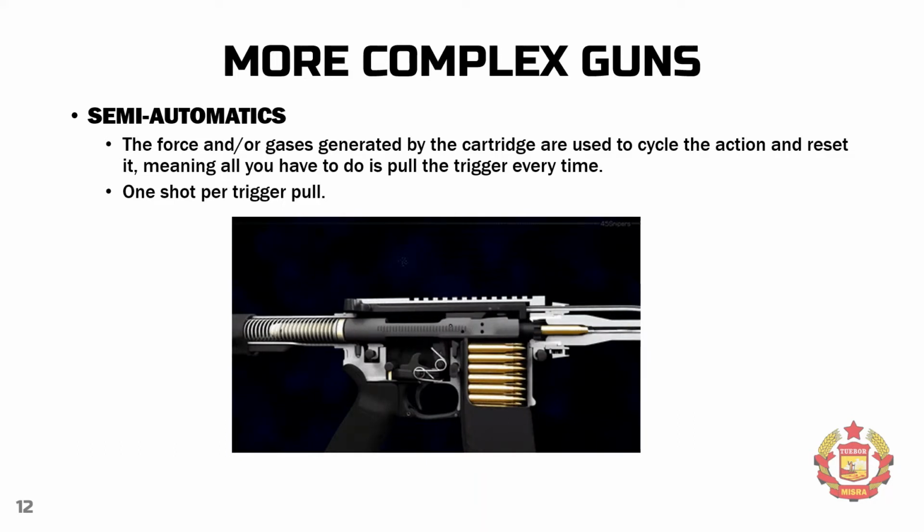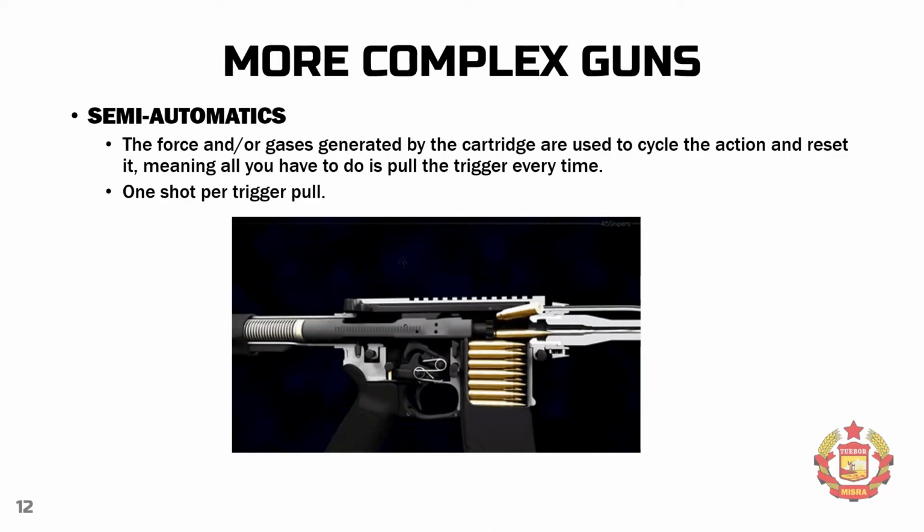So essentially what happens with this AR-15 platform looking image is before the bullet exits the barrel, the gases behind the bullet, between the bullet and the chamber, are fed through a little opening, I guess you could call it, in the top of the barrel at a certain point, and it actuates really a piston that pushes the bolt back and then cycles the action.